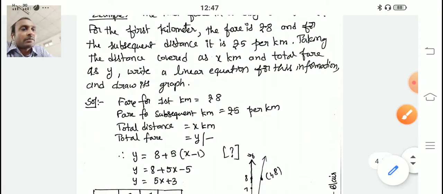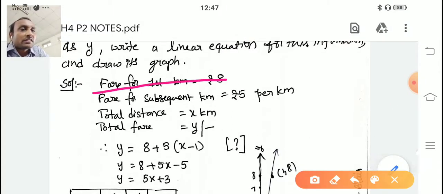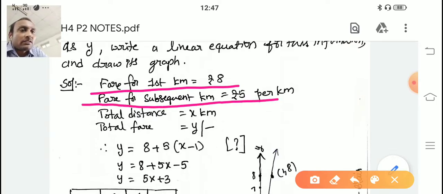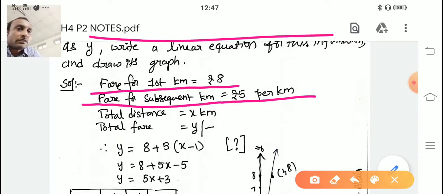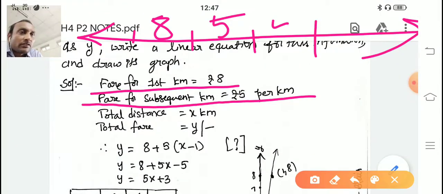What is the given information? The fare for the first kilometer is rupees 8, and the fare for each subsequent kilometer is rupees 5. That means, if you do the journey like this, for the first kilometer you should pay 8 rupees, then next 5, next 5, like that.